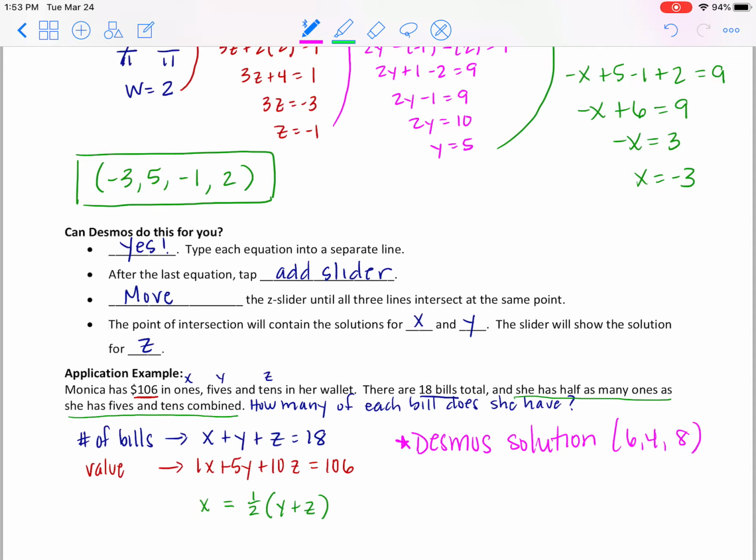And that's definitely a total of 18 bills. If you multiplied 6 by 1 and 4 times 5 and 8 times 10, that would be $106. So we had 6 ones, 4 fives, and 8 tens. And there it is.